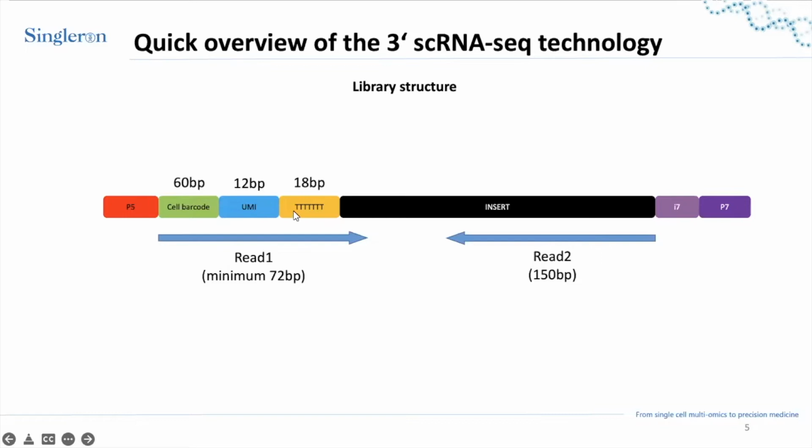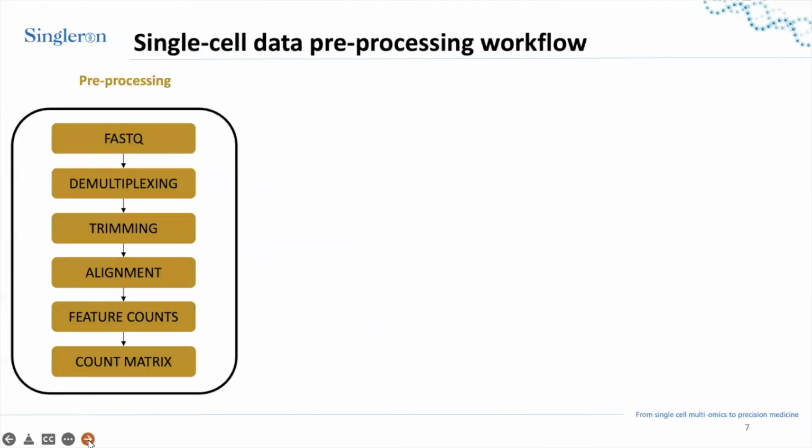So in Stethoscope, the single-cell processing pipeline, there is a specific parameter that can be tuned so that we can enable the mapping without the poly T sequences. Okay, so let's go forward.